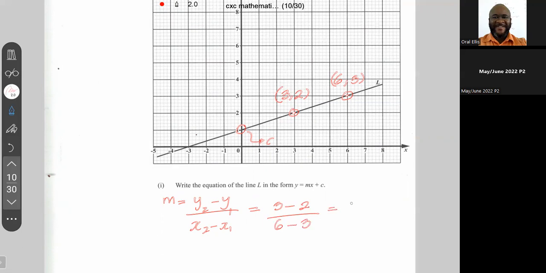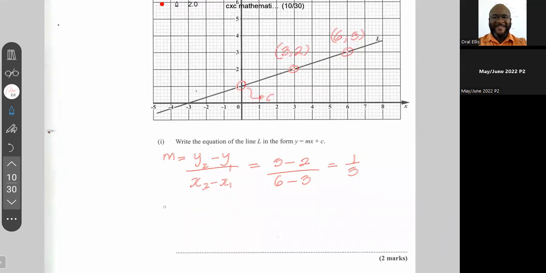It appears that the gradient is 1/3. The gradient is 1/3. So the equation y is equal to mx plus c is y is equal to m, which is 1/3 x, plus c, which is 1.